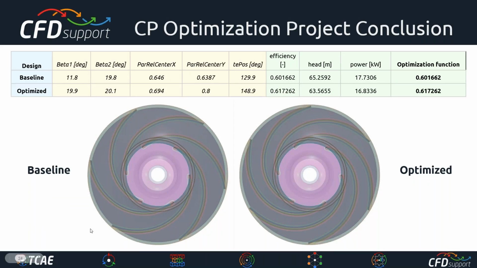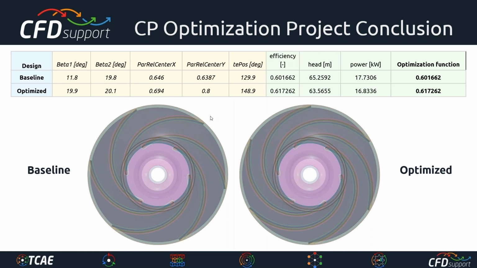Okay, yeah, we have also this summary of the case study we did. So you can see the final optimized impeller, and also the baseline impeller. You can see they're quite similar. You can see that the blades are a little bit longer and maybe a little bit more rounded. You can see the baseline parameters, and also the optimized parameters in here.